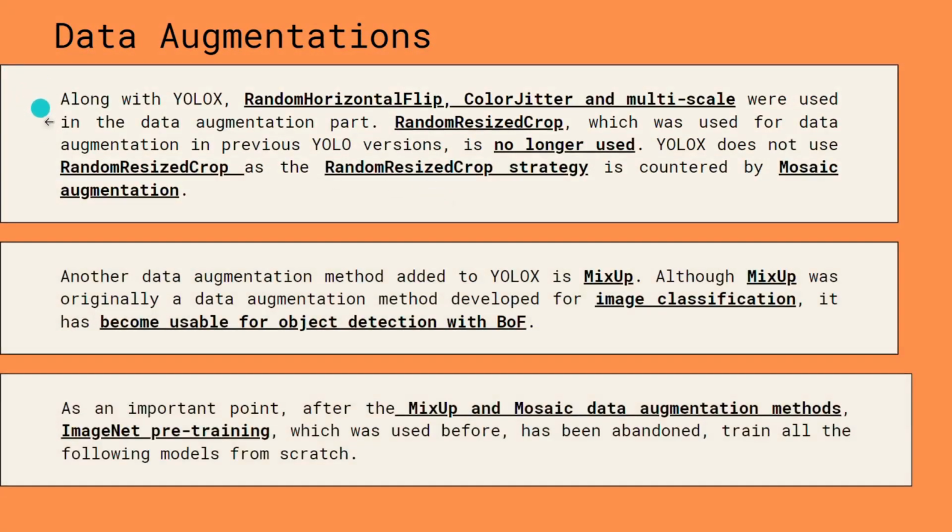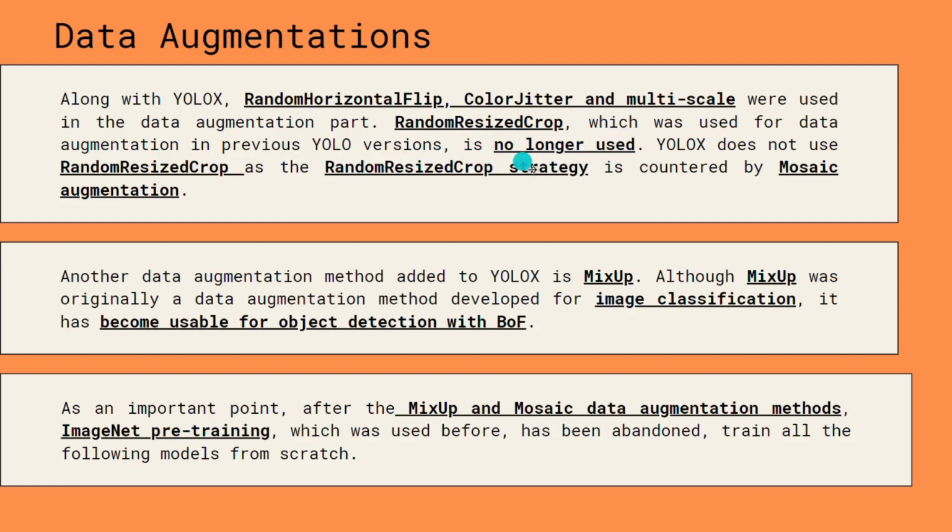Finally, during the training, they used different data augmentation techniques along with YOLOX: random horizontal flip, color jitter, and multi-scale were used in the data augmentation part. So random resized crop, which was used for data augmentation in the previous YOLO versions, is no longer used.